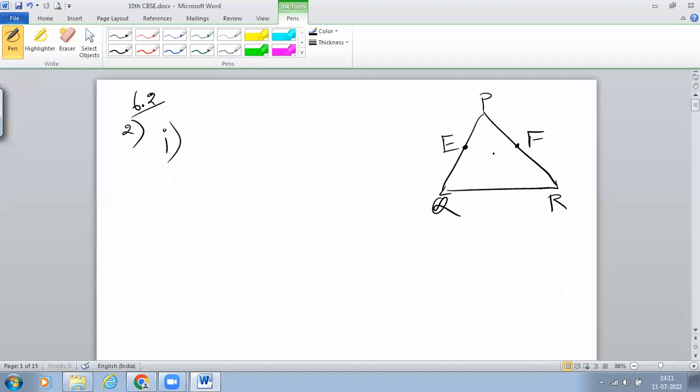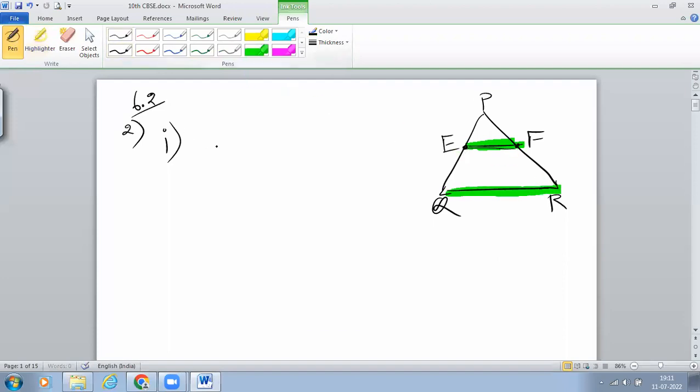For each of the following cases, state whether EF is parallel to QR or not. They're asking whether this EF is parallel to this QR. We have to check whether side EF is parallel to side QR.